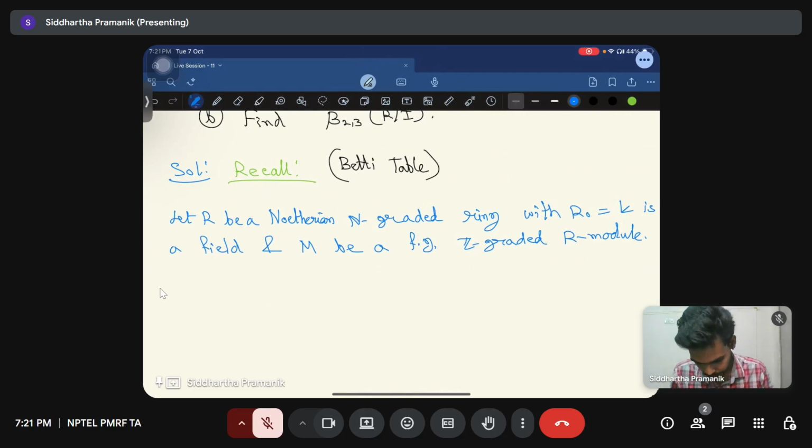Then, since M is finitely generated and it is Z-graded, we can have a minimal graded free resolution of M.